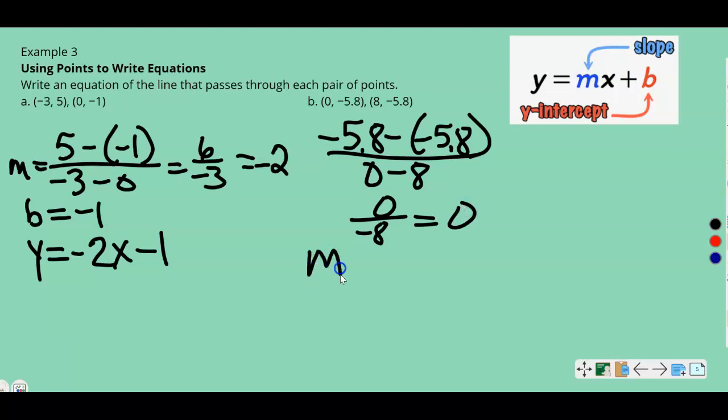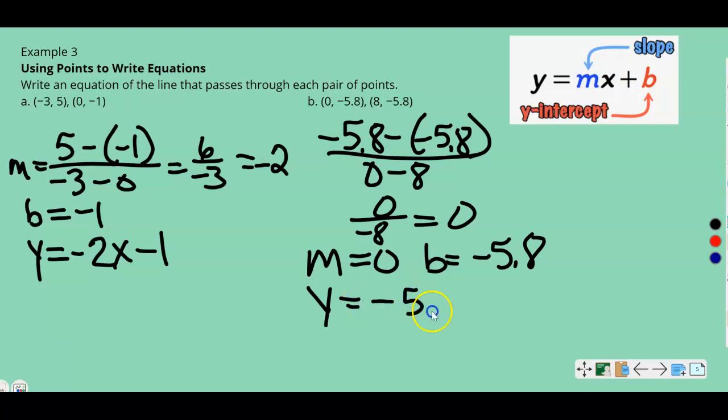So we have a slope of 0 and a y-intercept. If we go up here, remember this goes left or right, this goes up or down. So our x is 0, that means it goes down 5.8, so negative 5.8 is the y-intercept. So y equals 0x minus 5.8.